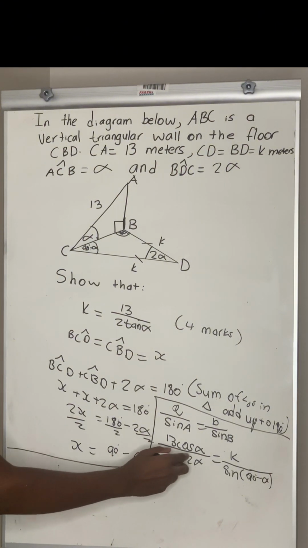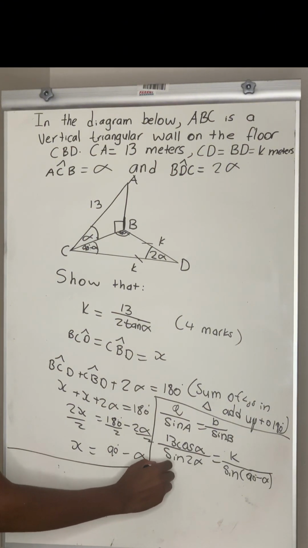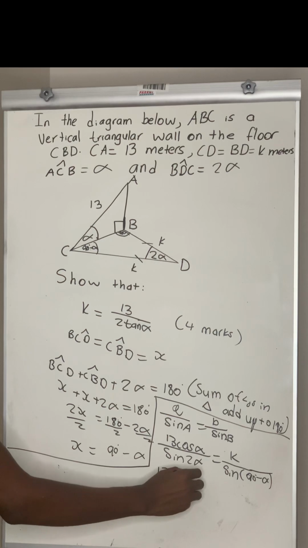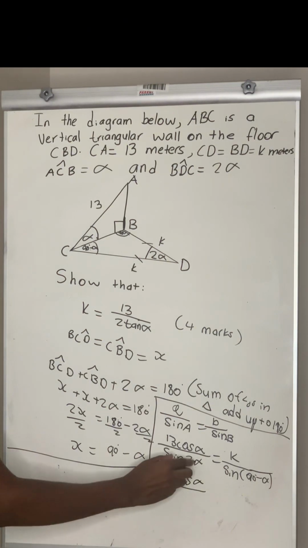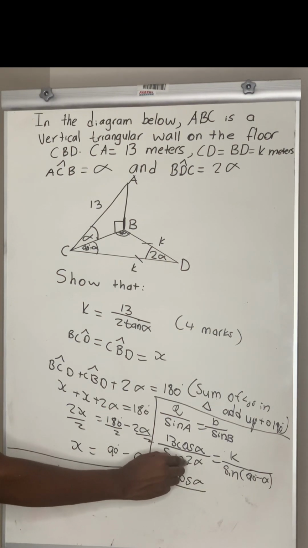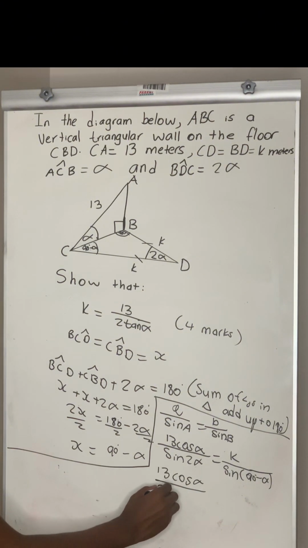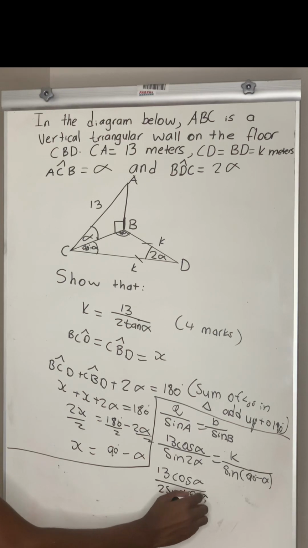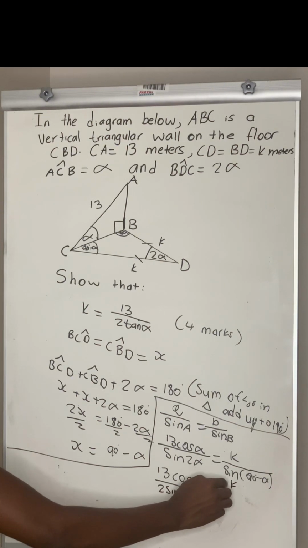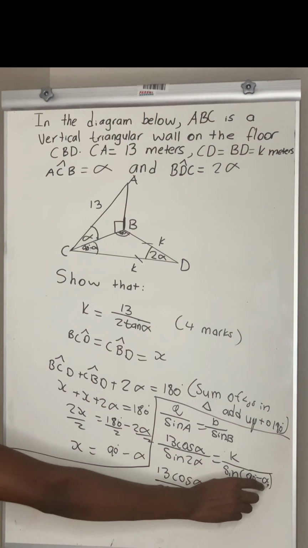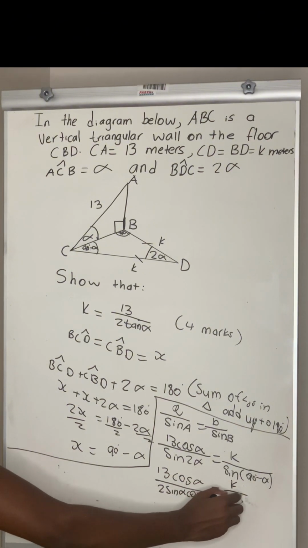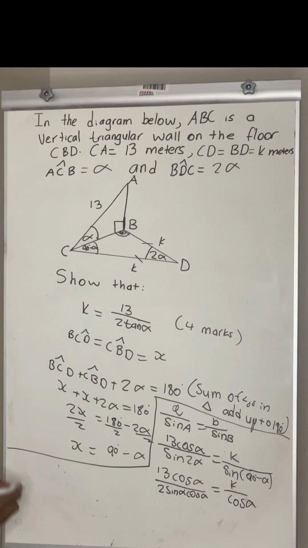Alright, so let's now simplify everything. 13 cos alpha divided by sine 2 alpha. Since sine 2 alpha is a double angle, let's expand it to 2 sine alpha cos alpha, is equal to k over sine of 90 minus alpha, which simplifies to cos alpha.